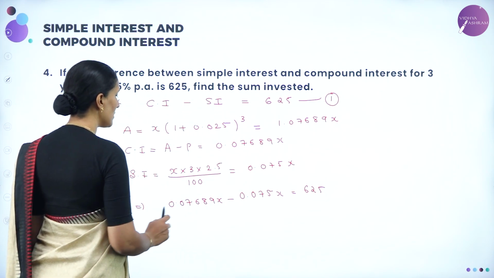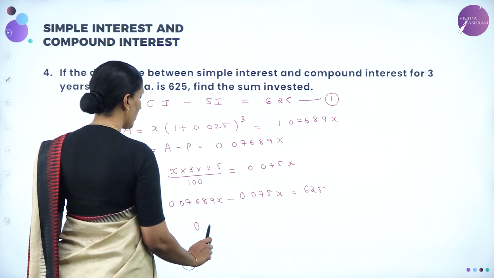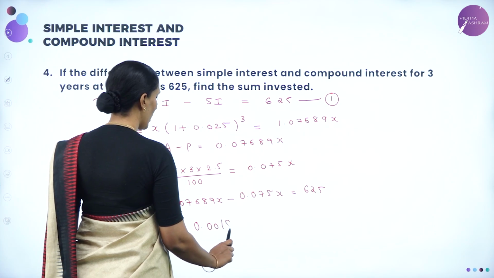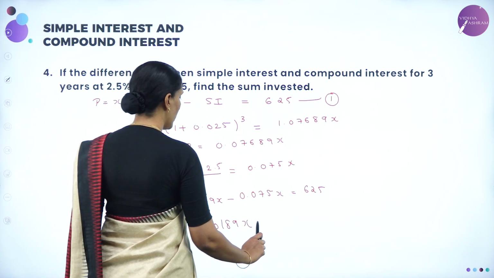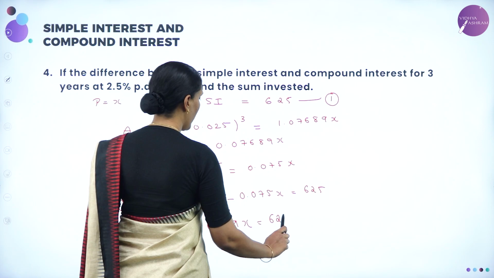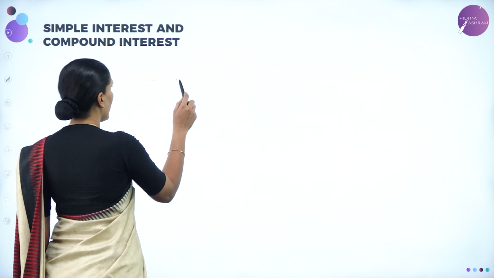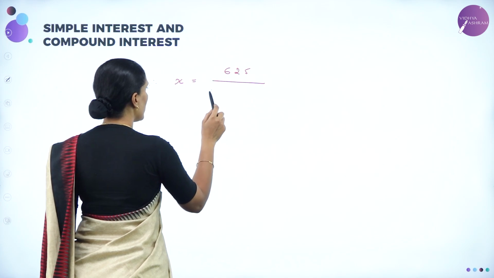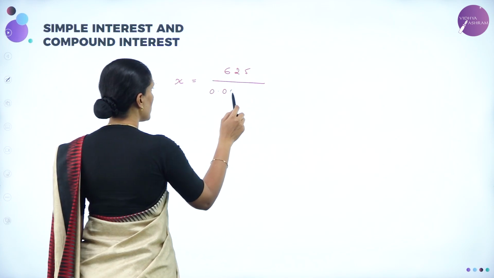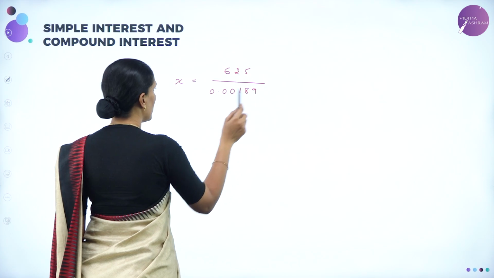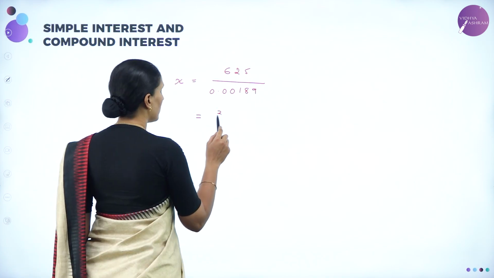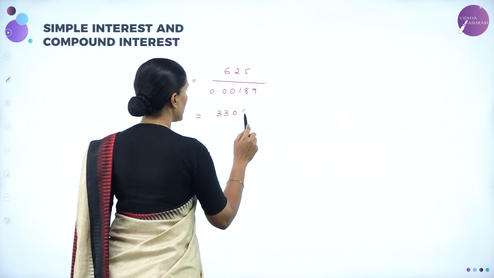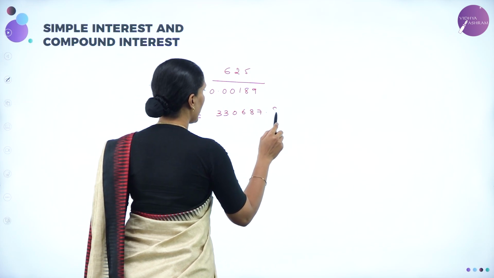When we subtract this value, we get 0.00189x is equal to 625. So therefore, x is equal to 625 divided by 0.00189, which is equal to 330,687.83.